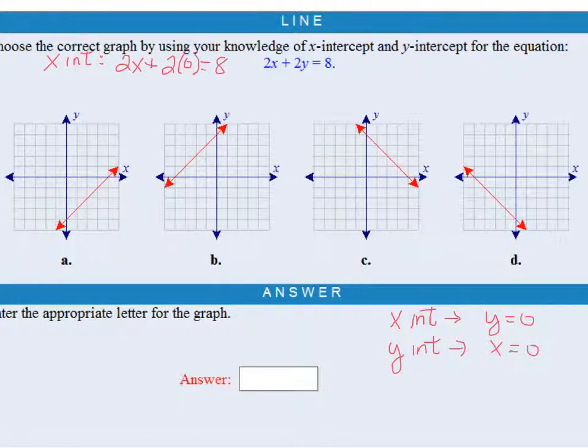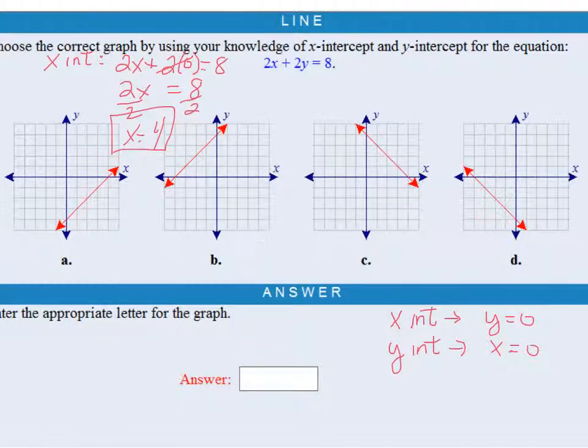And then you just got to go figure out what x equals. So that becomes 2x plus 2 times 0 is just 0, so that goes away. Divide by 2. So x is 4. So my x-intercept is going to be a 4. So that means it's going to cross my x-axis at 4.